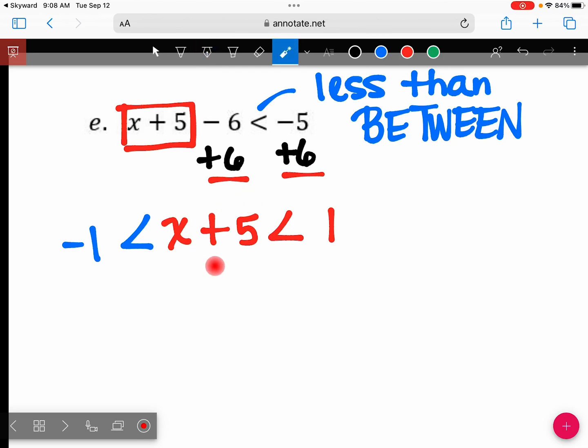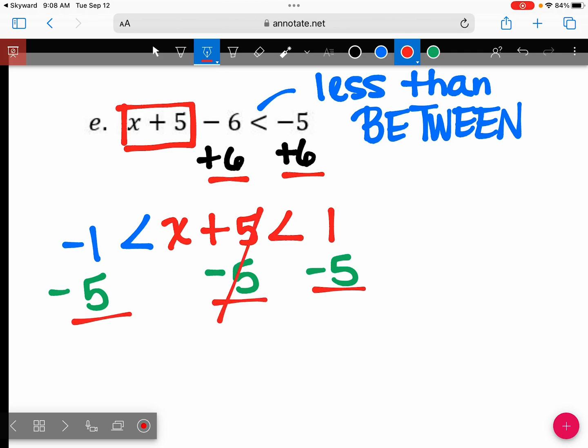How do we get rid of the +5 that's in the middle? Subtract it, but we have to subtract it 3 times. Subtract it from the left, the middle, and the right. So -1 minus 5 is -6. 1 minus 5 is -4.